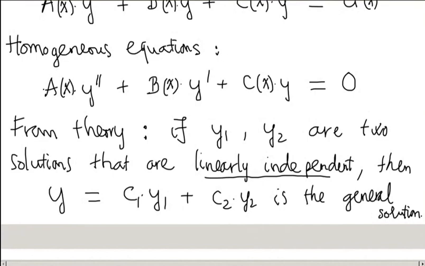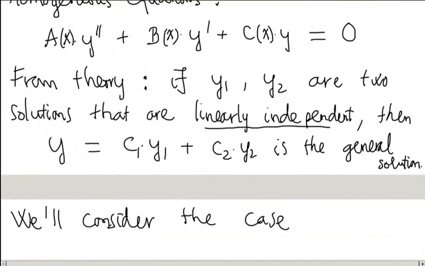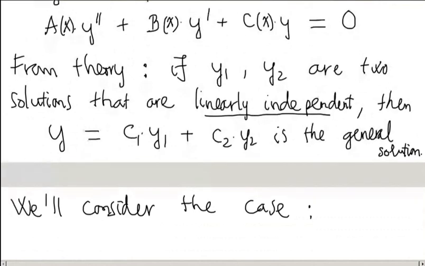So from the theory, in order to solve the equation, we only need to determine two solutions, y1 and y2. However, in general, it's difficult to do so. Because of that reason, in this section and later on, we will consider the case where the coefficients a(x), b(x), and c(x) are all constant.